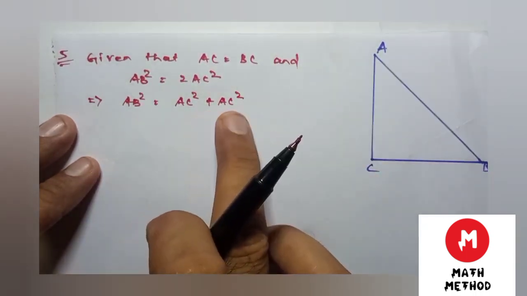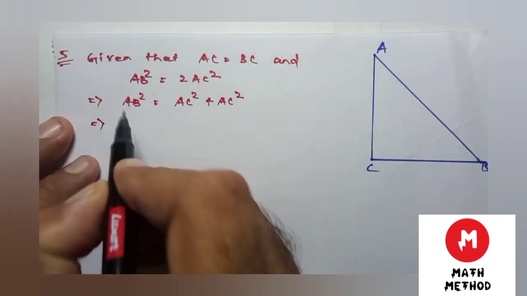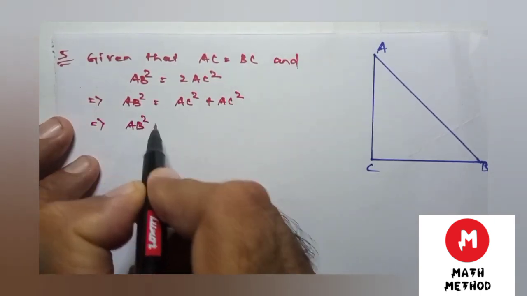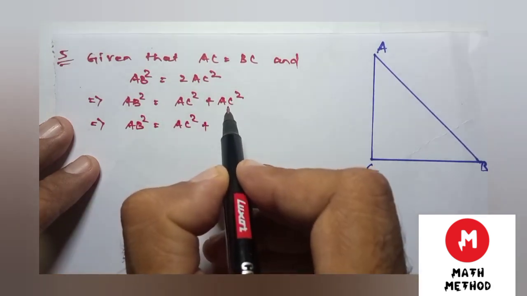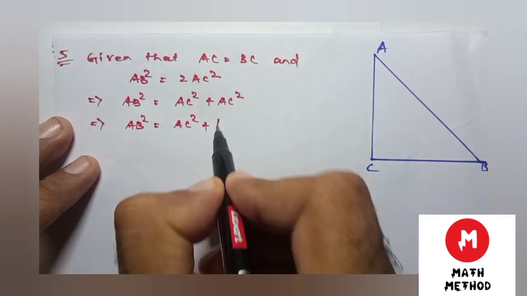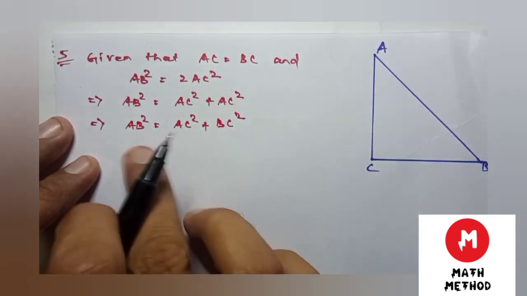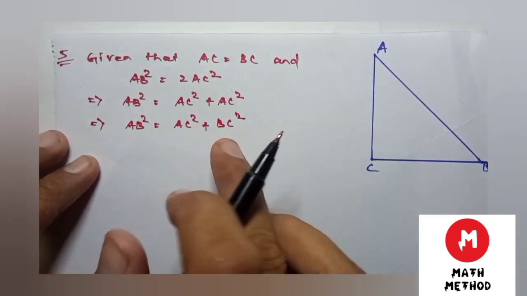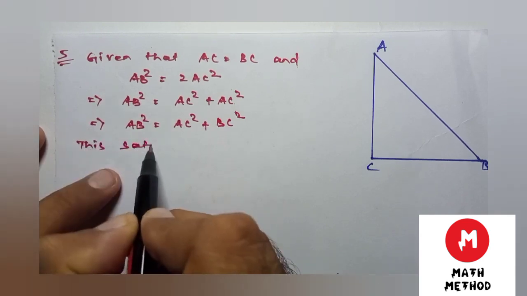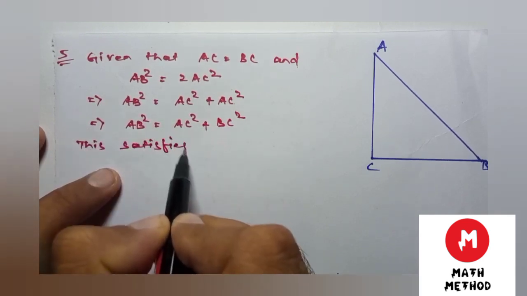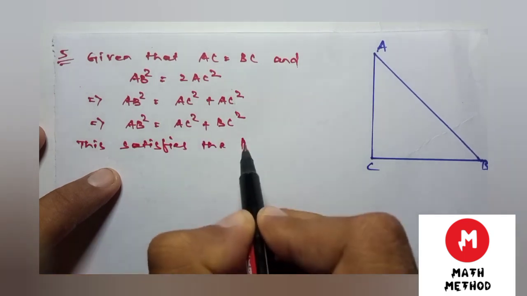Now AC is equal to BC, so AB square is equal to AC square plus, in place of AC we can write BC, so BC square. This is our Pythagoras theorem. So this satisfies the Pythagoras theorem.